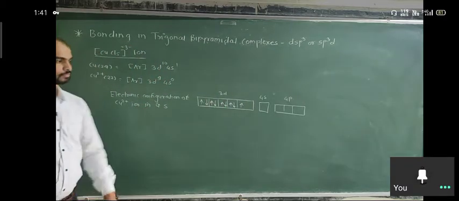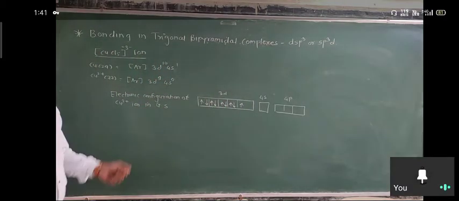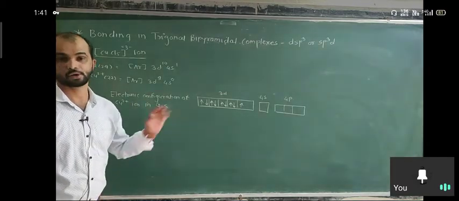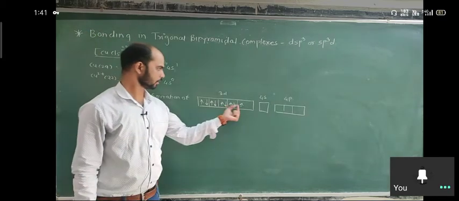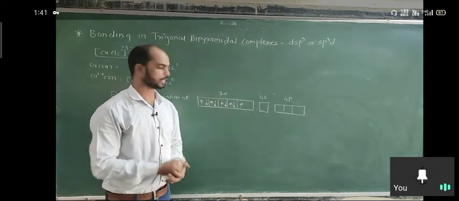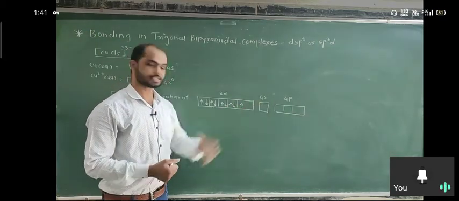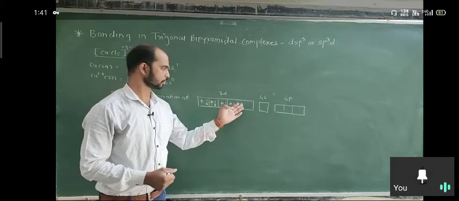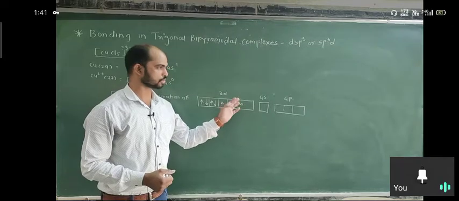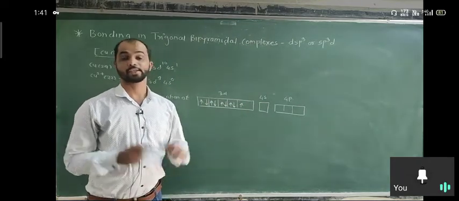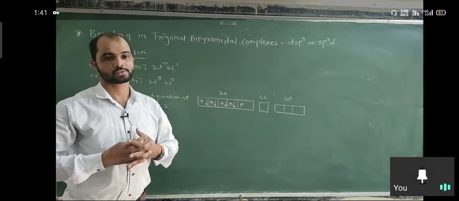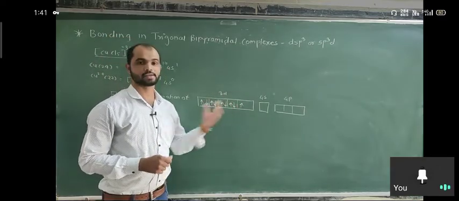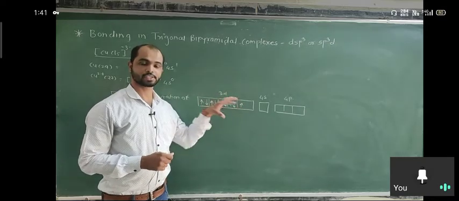Then look at whether all the required orbitals are available or not. Here the last d orbital contains a single electron, 4s is empty, 4p is empty, and the promotion of 3d electrons to the next d requires more promotional energy, so the promotion is difficult. That means the unpaired electron remains in 3d.